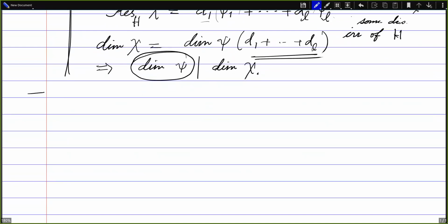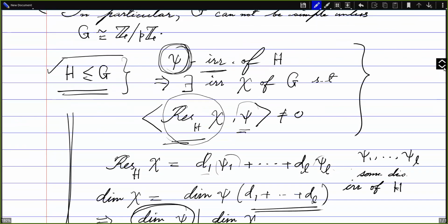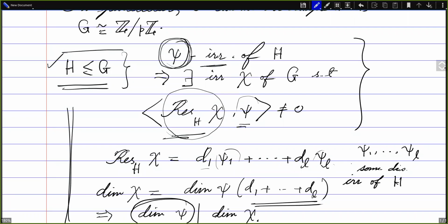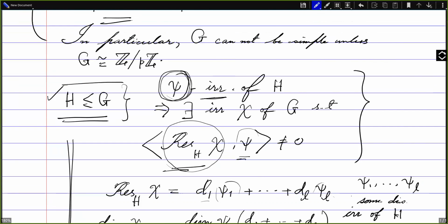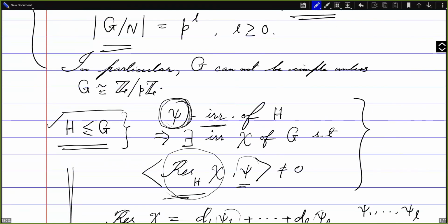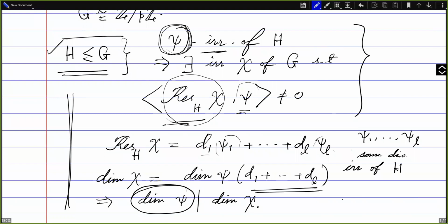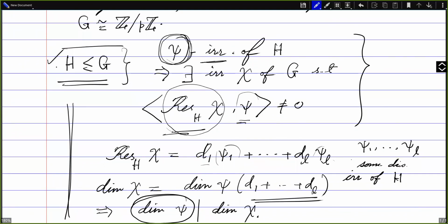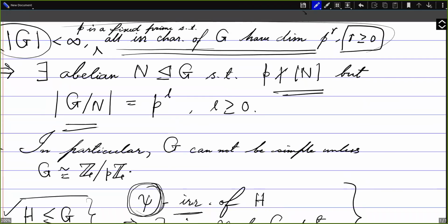So how should we start? First our approach should be looking at some appropriate, some suitable H, because again, it is true that for any H all that we have observed here follows, but the problem is, suppose you choose any proper subgroup H and then run the induction argument on that, then you will get an N such that p does not divide the order of N, but the index of N in H has order some power of p.